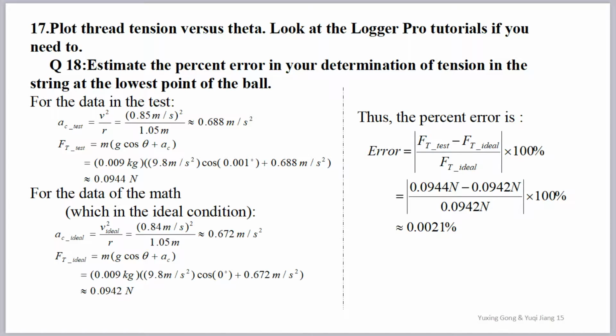So we find that the data in the test is F equals 0.0944 Newton, and in the mass, F equals 0.0942 Newton. So we get the error is smaller than 0.01%, it is 0.0021%.